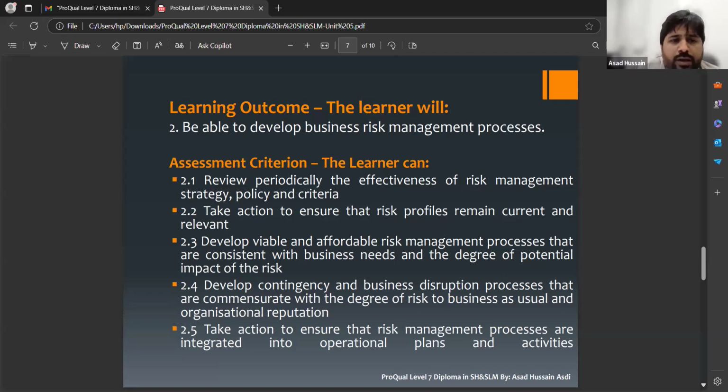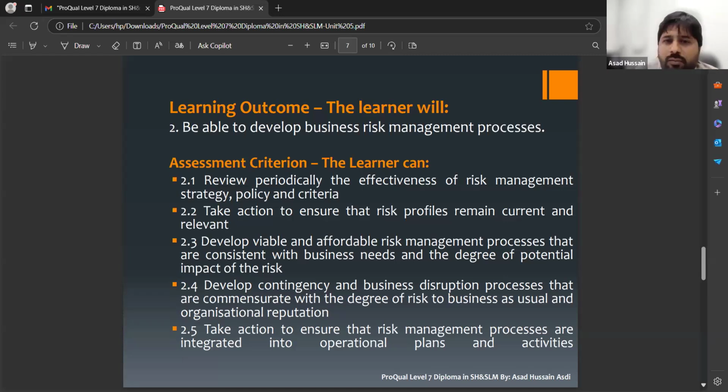Now moving to 2.3, develop viable and affordable risk management processes that are consistent with business needs and the degree of potential impact of the risk.